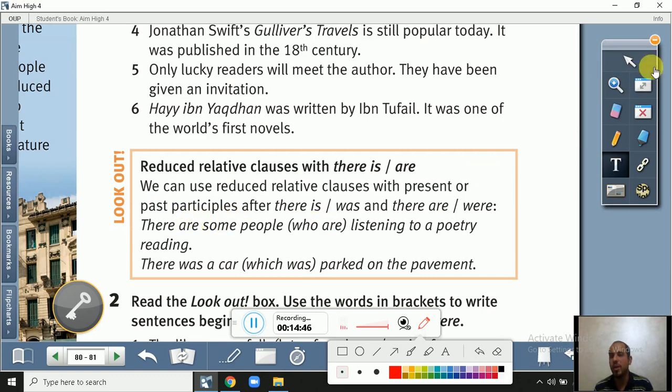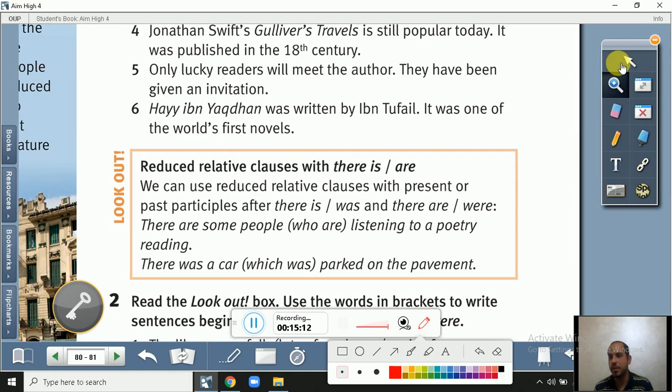Do you know what we mean by the present participle? Present participle is the verb ing, the gerund. For example, looking is a present participle. Trying, for example, is a present participle. Or the past participle.